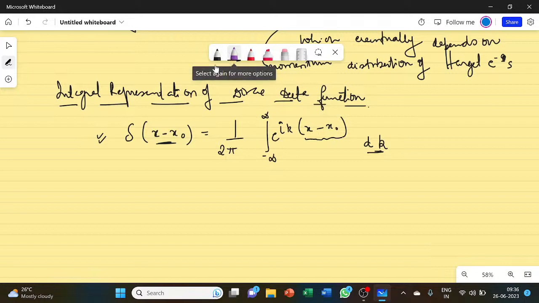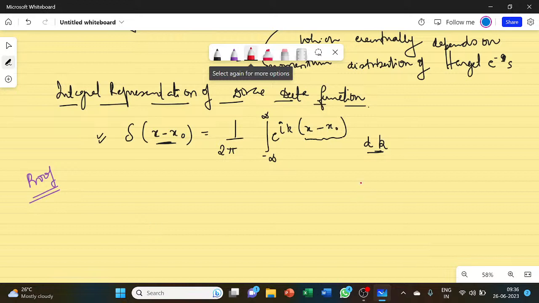So let me generate a small proof for it, so that you'll be able to relate more. I know what the Dirac delta function is.